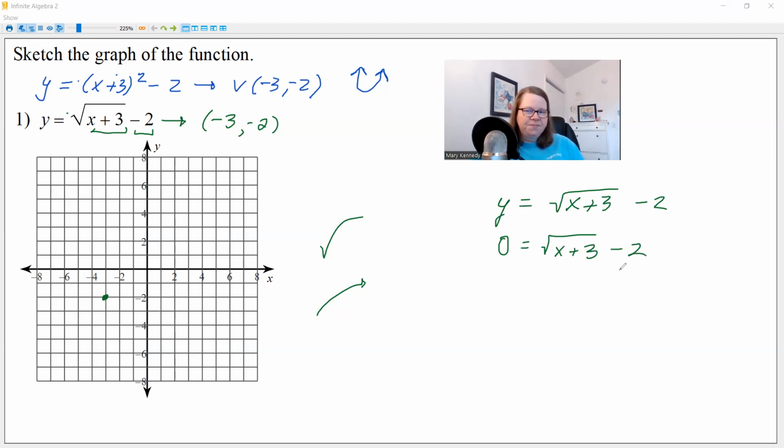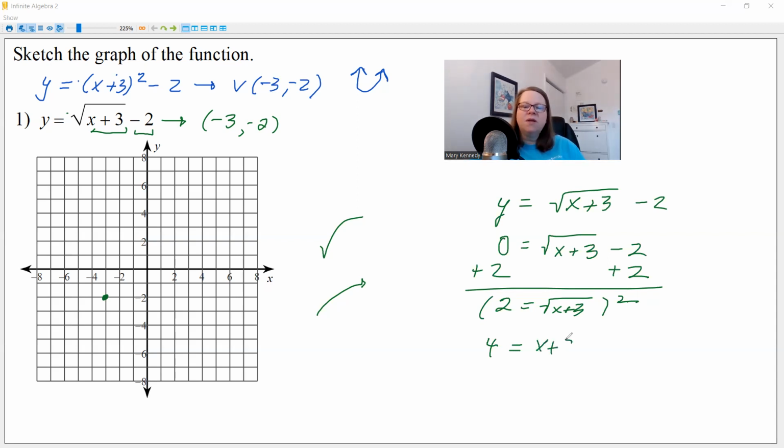And so I would add 2 to both sides. And to solve with square roots, I just want to square both sides so that I can solve underneath here. So 2 squared, 2 times 2, is 4. And the square root squared is just whatever was underneath. So let's subtract 3. So x is 1. So our x-intercept is 1.